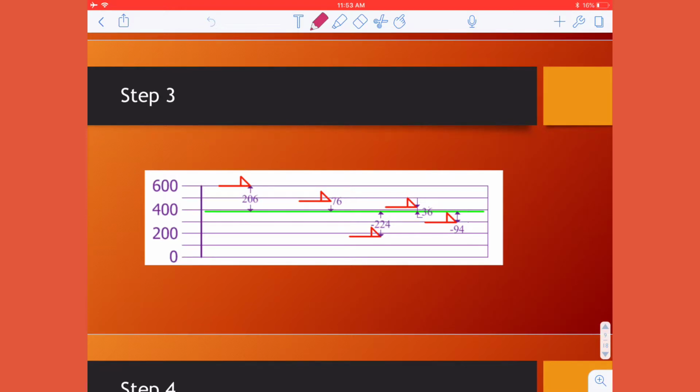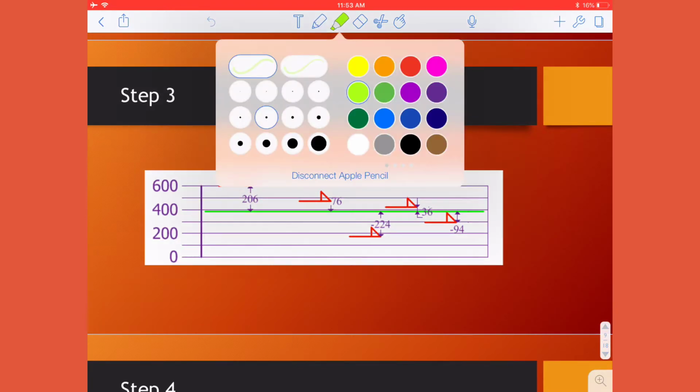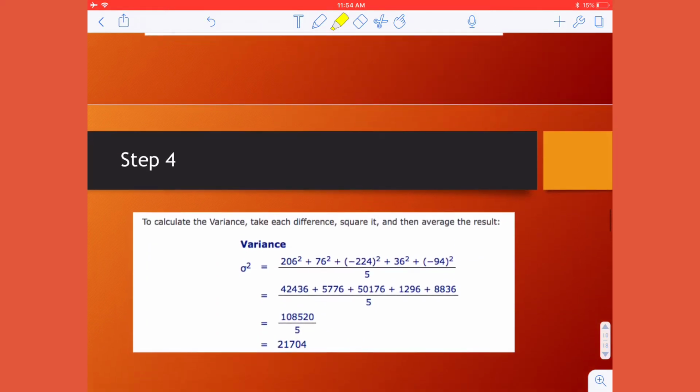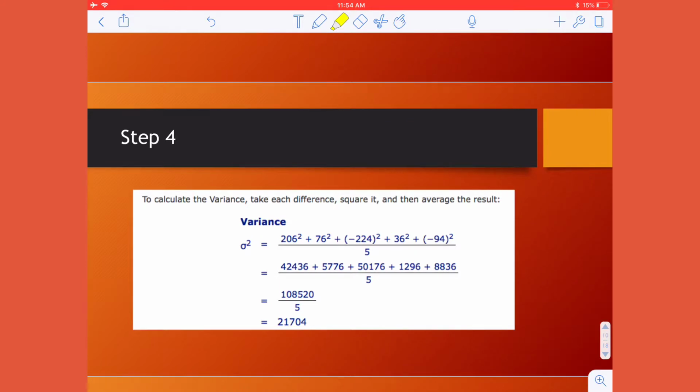And so you'll see that I have these arrows here, and I'll highlight it in yellow to make sure you're looking at the right thing, which is showing the distance between the height and the mean. So I'm taking an actual height and I'm subtracting off the mean value. So I get 206, I get 76, I get negative 224, I get 36, and then I get negative 94. And once I've done that, I'm going to take all of those values.